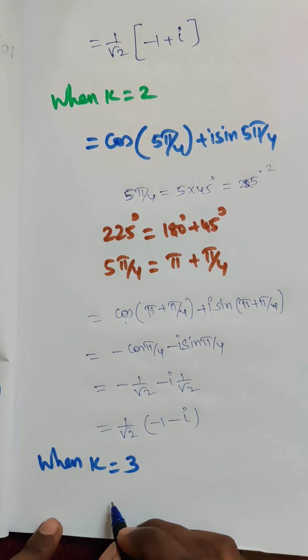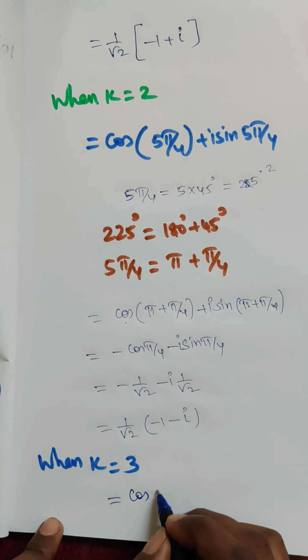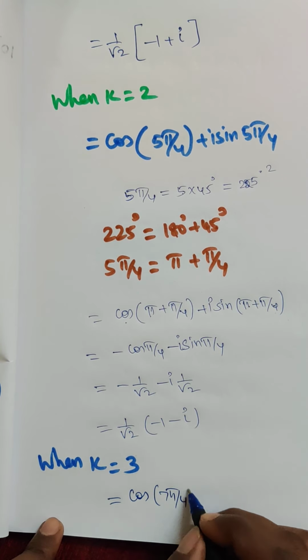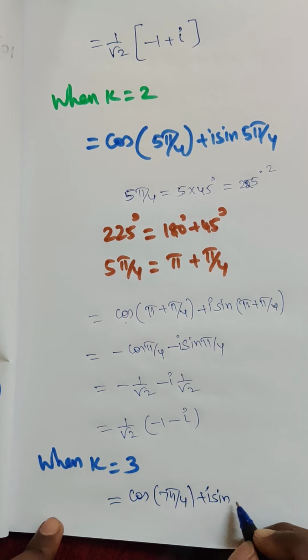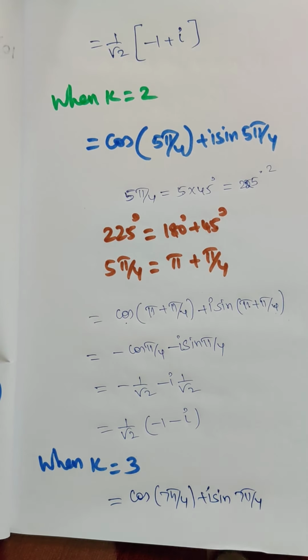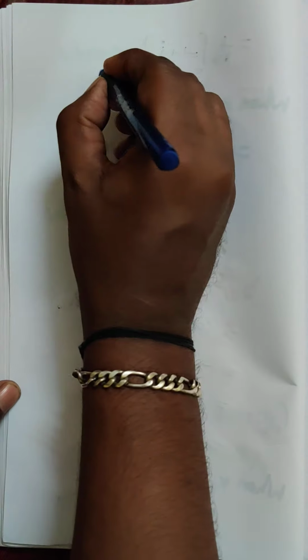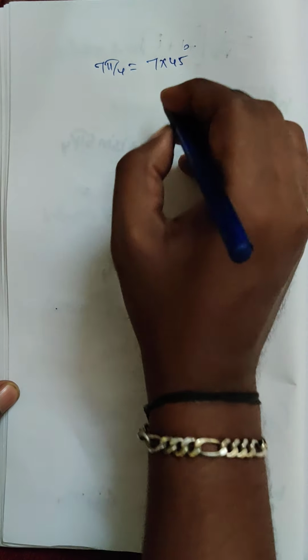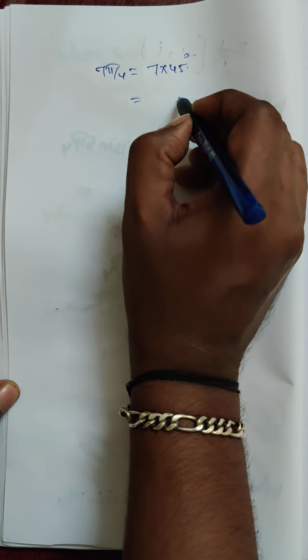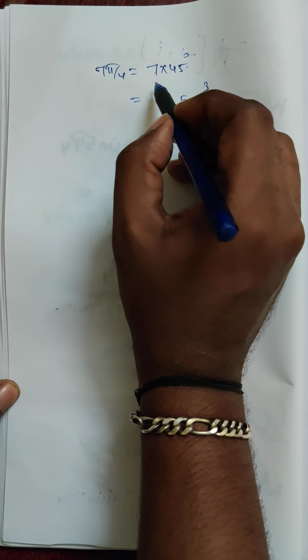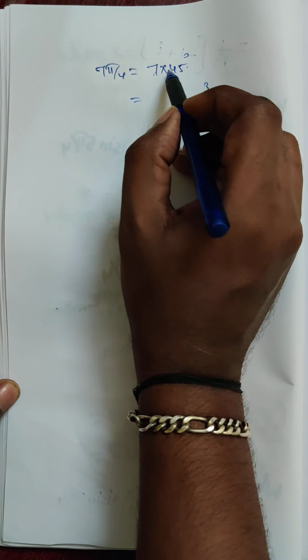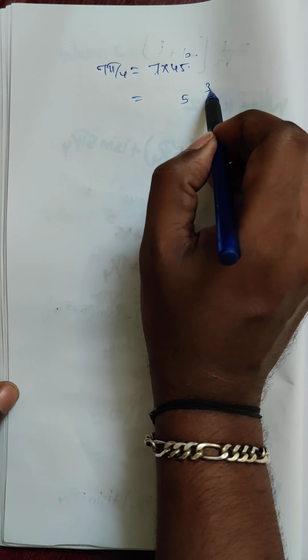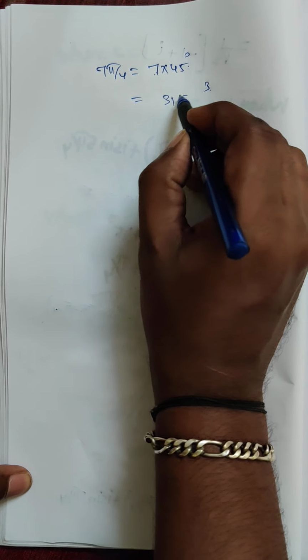So it is equal to cos 7 pi by 4 plus i sin 7 pi by 4. So 7 pi by 4 means what? 7 pi by 4 is equal to 7 into 45. So 7 5s are 35, remaining 3, 7 4s are 28 plus 3, 315.